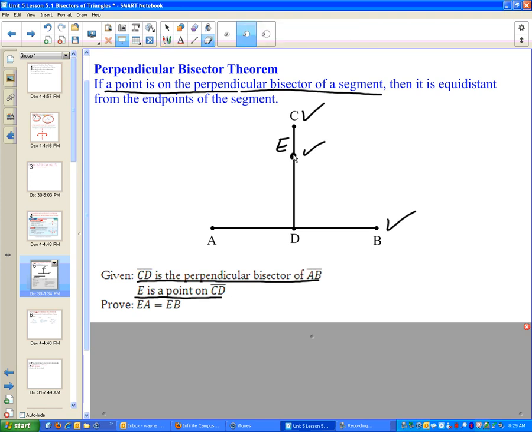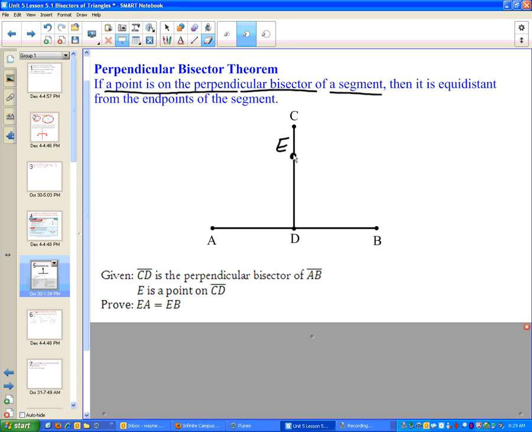Then, the conclusion of our theorem is the part that comes after the word then. Then, all right, then what? It, meaning the point, is equidistant from the endpoints of the segment. So we have to prove that E is equidistant from A and B. And the way I'm going to prove E is equidistant from A and B is by stating that the length of EA, that means the distance between E and A, equals the length of EB.